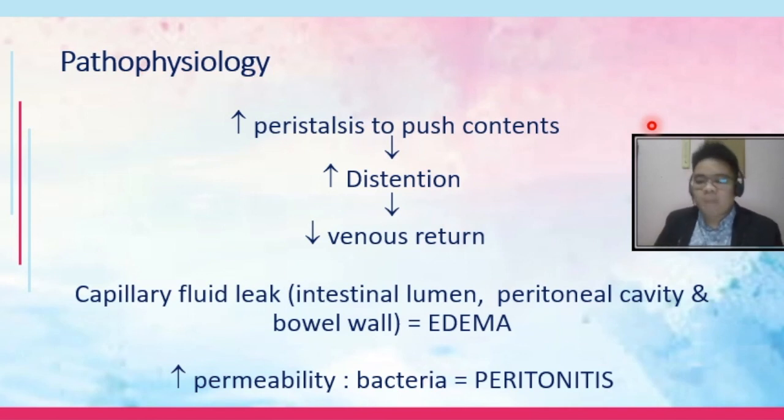Your patient would manifest signs and symptoms of edema, or in other words, your patient would have ascites. And because of that ascites, there will be an increased permeability towards bacteria. And that increase in permeability will lead to peritonitis, which is of course a life-threatening condition and difficult to treat for our patients.